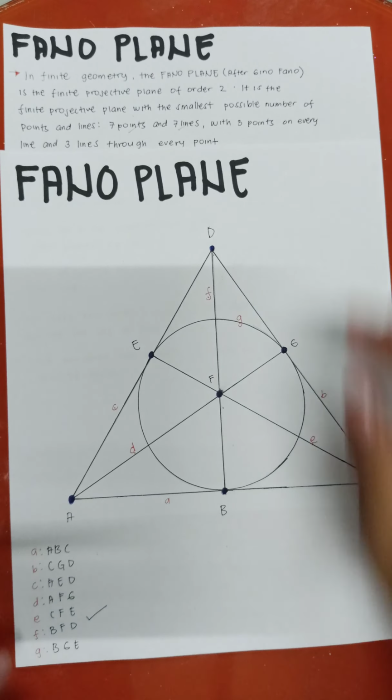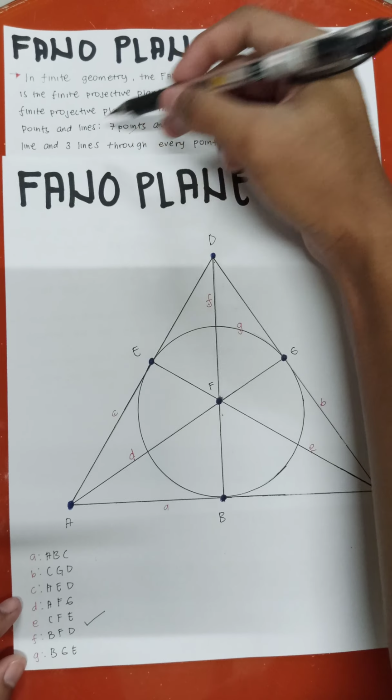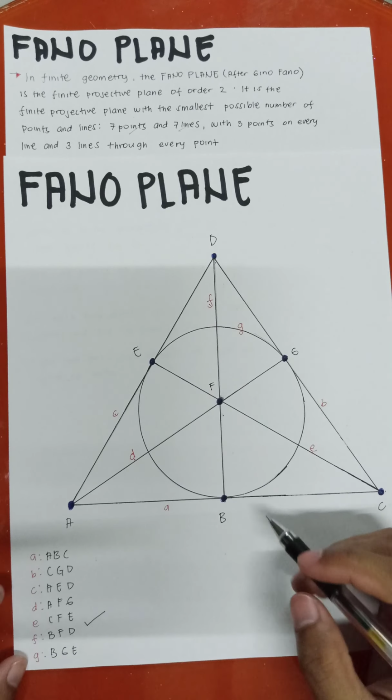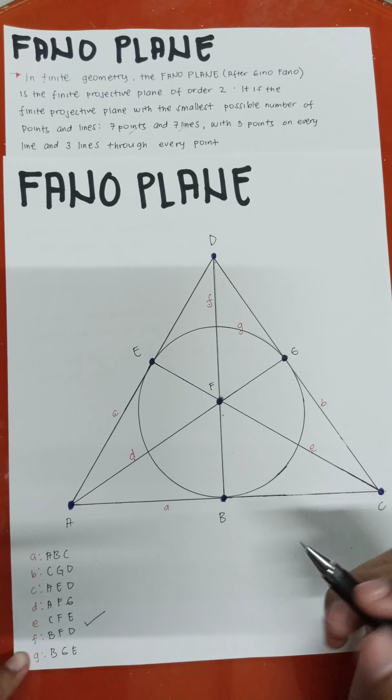Then we check the three lines through every point, which means every point must have three lines passing through it.